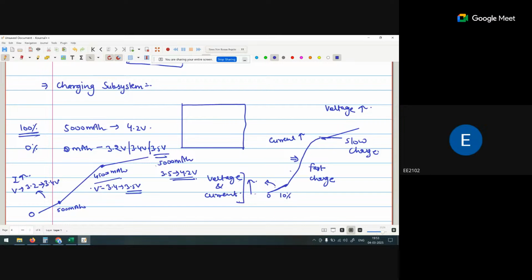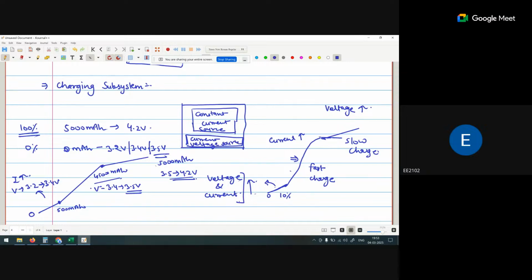So in the three parts, we require one part that is the constant current source. Okay, in the second part, we provide a constant voltage source.